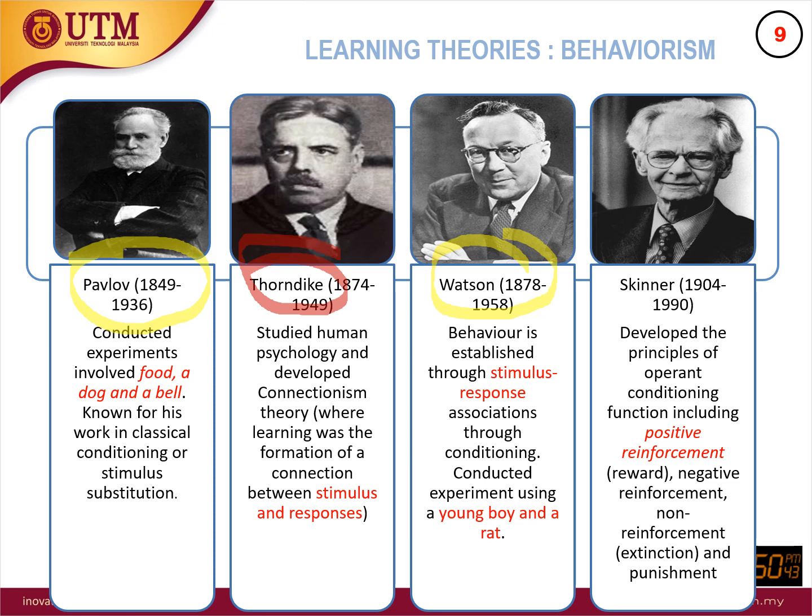If the students behave in a bad way, we must punish them. Okay, so that's what we need to understand about each of these four theorists, and I hope it's clear to you.